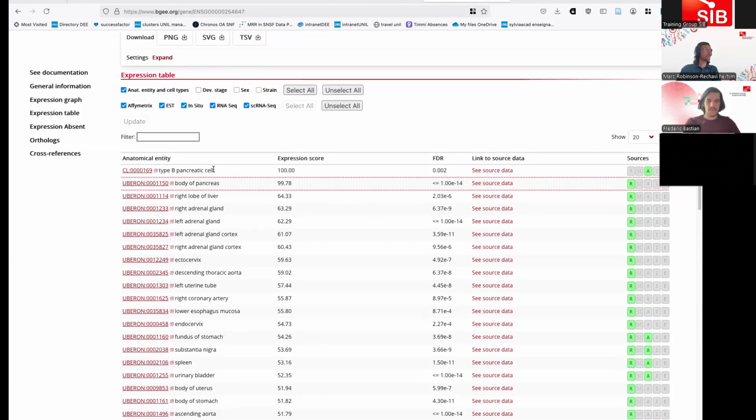And here you see the different structures, a score which says how highly it's expressed, a false discovery rate, the probability which gives you the confidence that this gene is actually expressed here, and the sources. And you see here we have different sources which are integrated together: RNA-Seq, single cell, Affymetrix, in situ, ESTs.